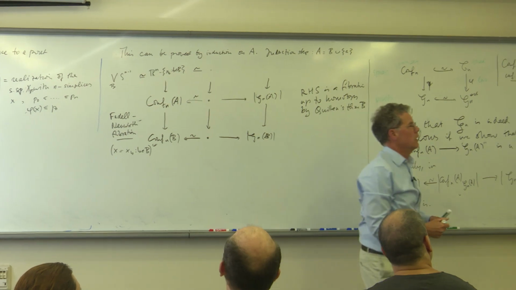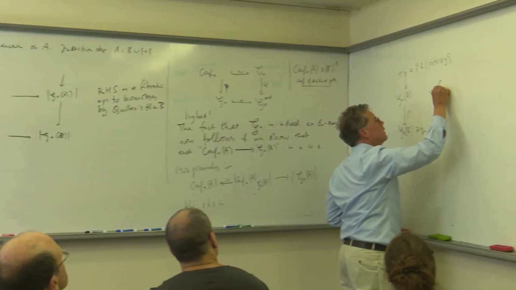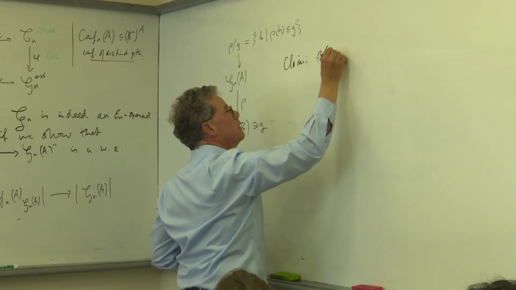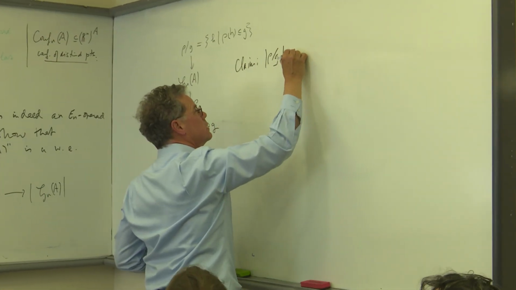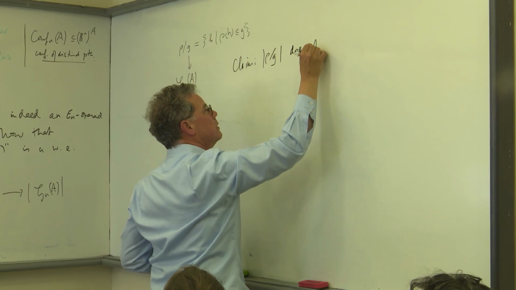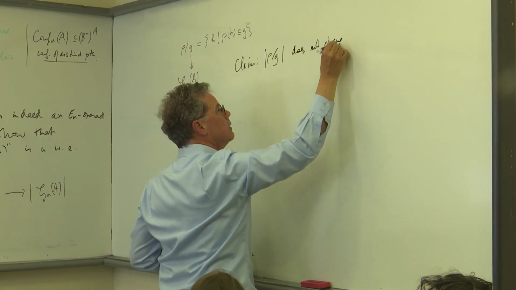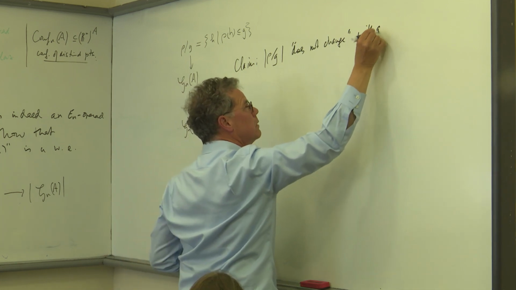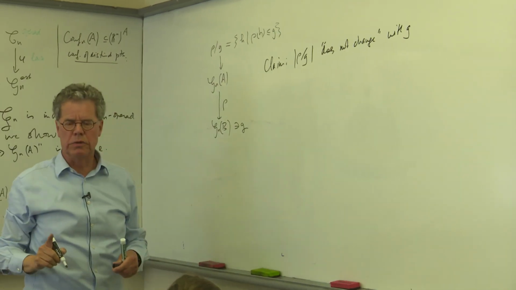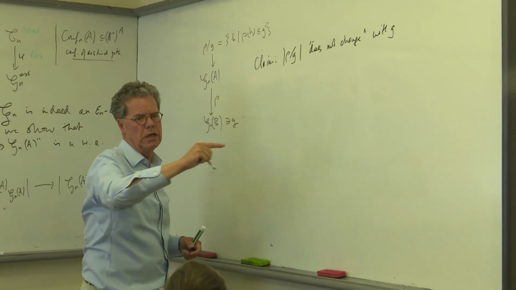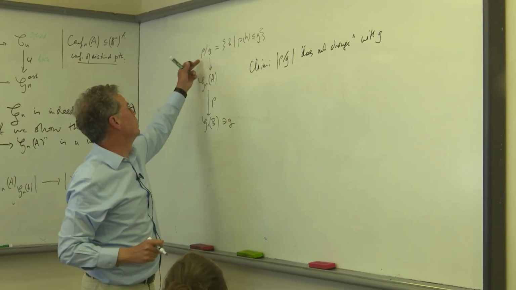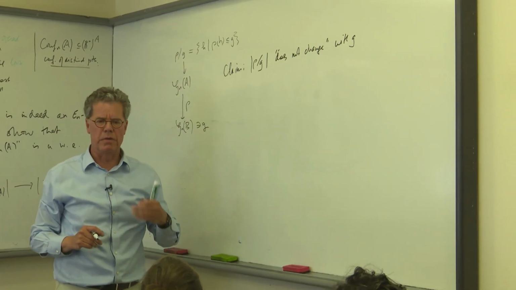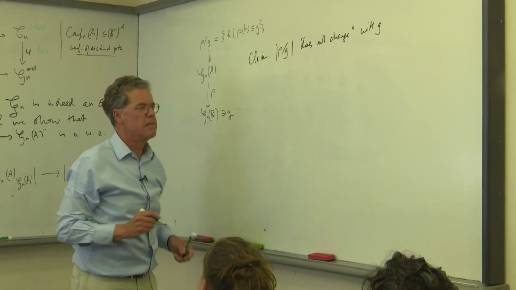So the claim is rho over G does not change with G. I gave you a more precise statement in words. If you go from G to a larger G prime, you get a map from rho over G to rho over G prime. And if you take the classifying space of this map, it's a weak homotopy equivalence.